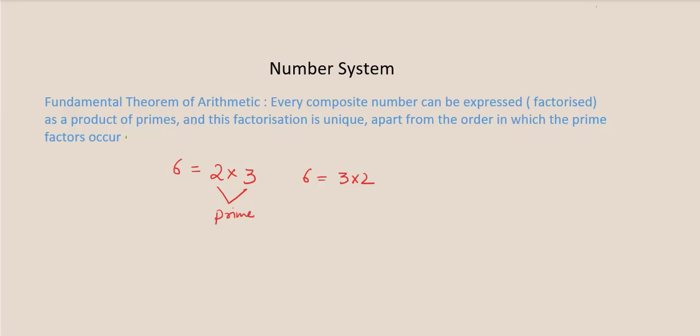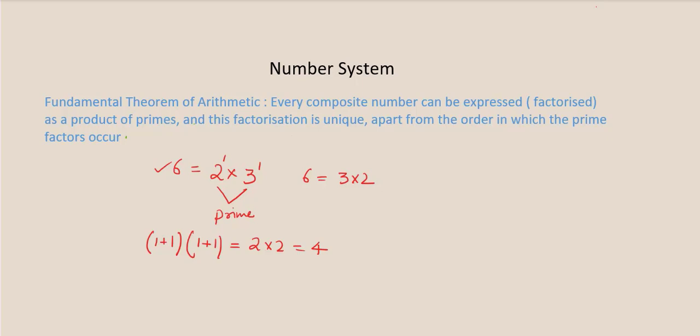And when you see that, if we want to know how many factors are available for 6, we can find out from here, and it's so easy. You see, the power of 2 is 1 and also the power of 3 is 1. We can write it this way: 1 plus 1 multiplied by 1 plus 1, and it gives me the answer 2 multiplied by 2, which is 4.